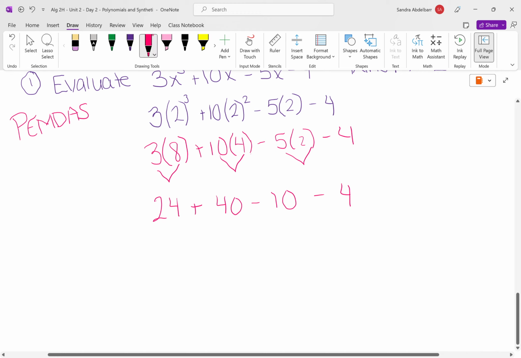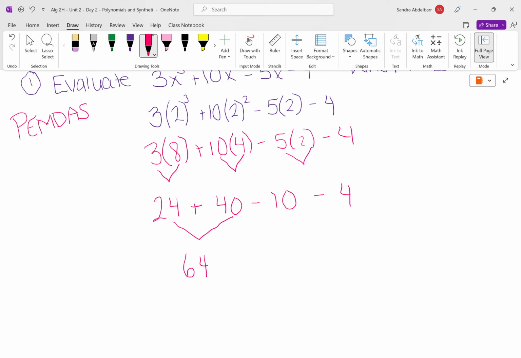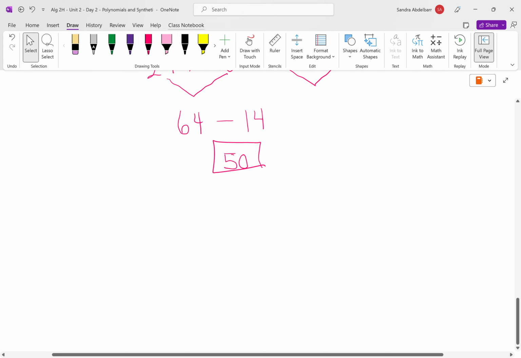Now all we're left with is addition and subtraction. 24 plus 40 is 64, and 64 minus 14 is 50. That is direct substitution. That's what you are all used to. Let's talk about synthetic substitution. We're going to do the same problem, but now with synthetic substitution.